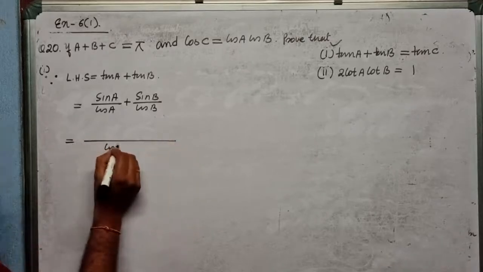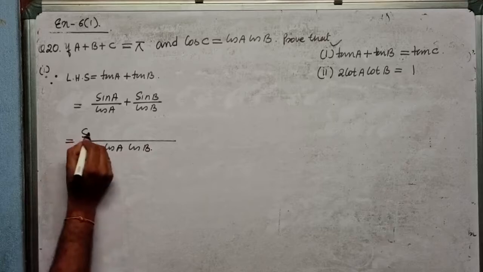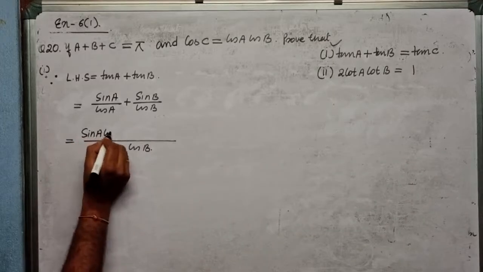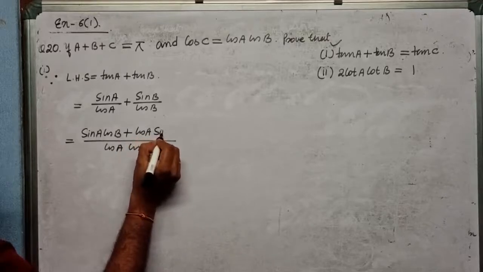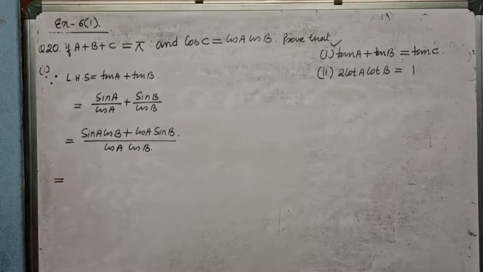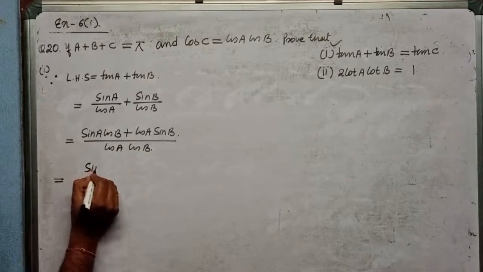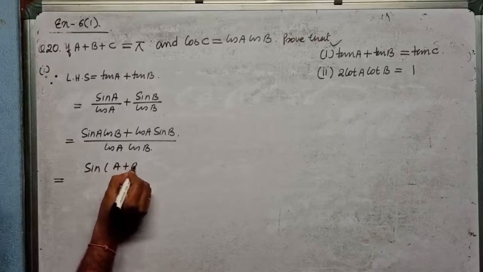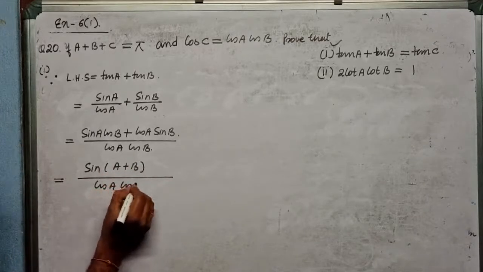LCM is cos a, cos b is the LCM. And this one will be sin a cos b plus cos a sin b. The numerator is in terms of formula. Sin a cos b plus cos a sin b is sin a plus b divided by cos a cos b.